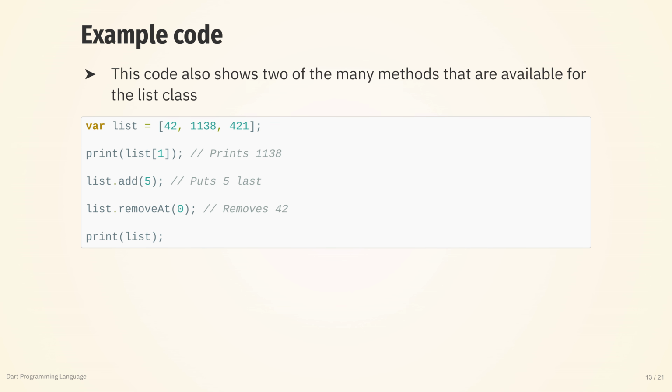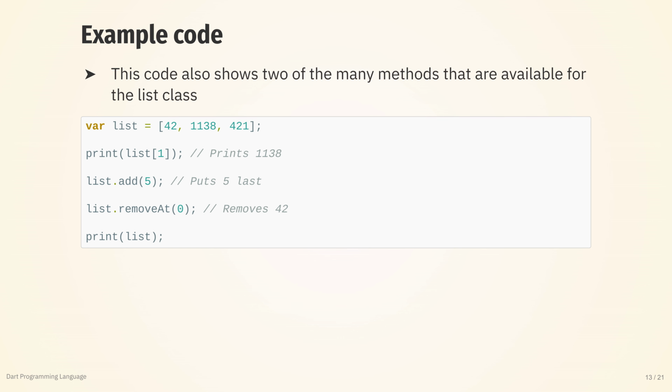So 0, 1, 2 are the element positions, and it will print out 1138, which is the first, or well, 0, 1 element, and then we can add another one last by calling the add method for list.